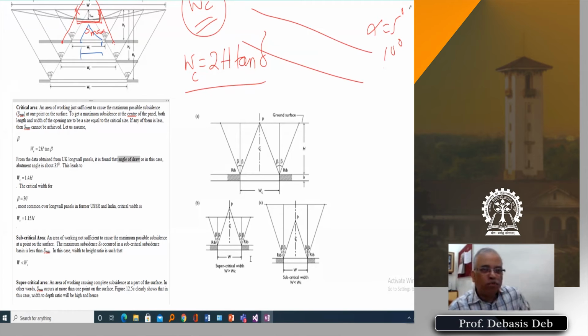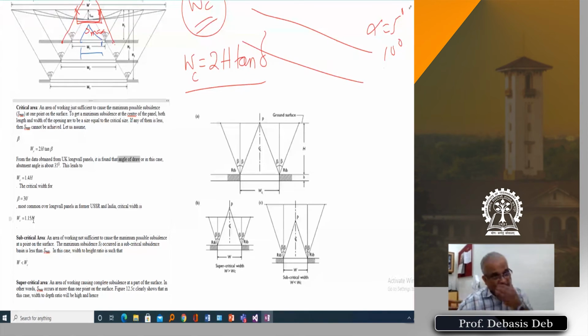The depth is almost 400 plus meters, and their panel width is about 250 meters. So still it doesn't go to critical size, because in India we consider beta to be about 30 degrees, so it is basically 1.15 H. So you see, to go supercritical with a 400 meter H, the panel width has to be at least 450 meters or so.